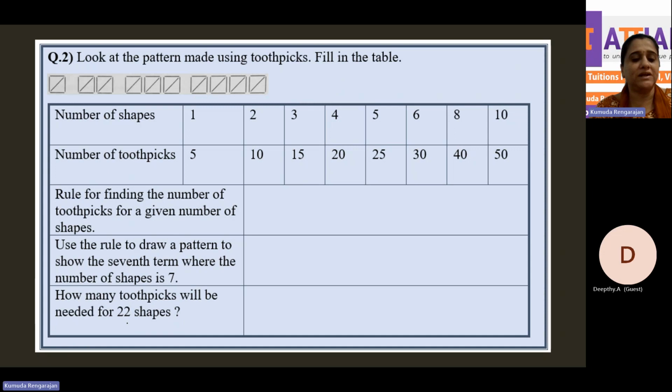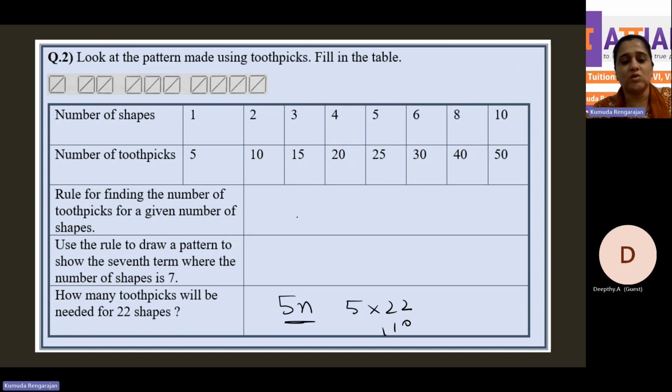How many toothpicks will be needed for 22 shapes? 22 into 5. Correct. 5 into 22, 110. You must use the rule here. Once you make the rule, you should start using the rule.